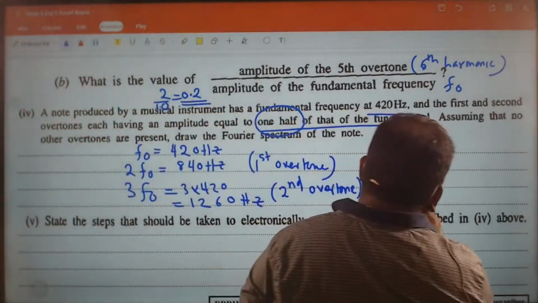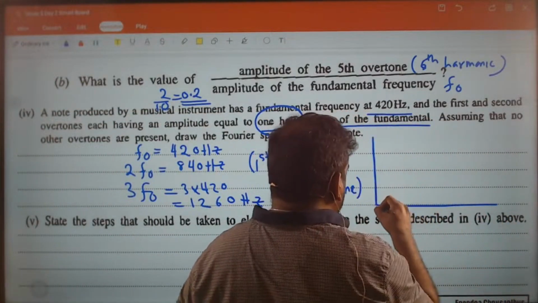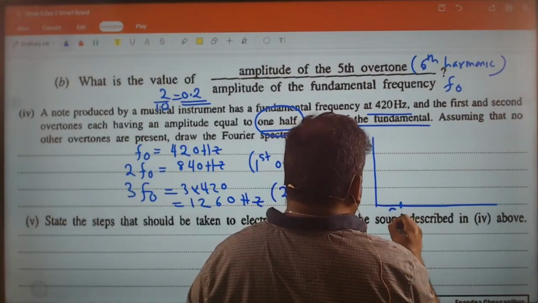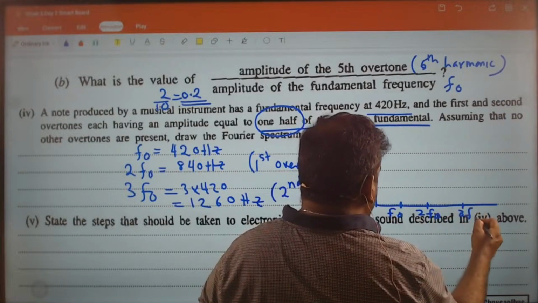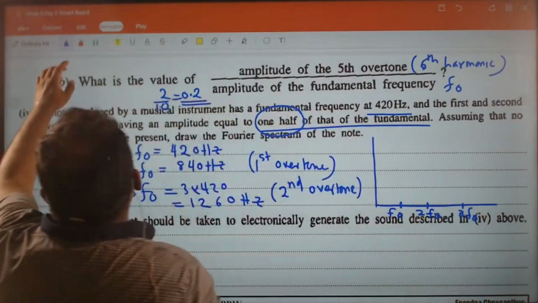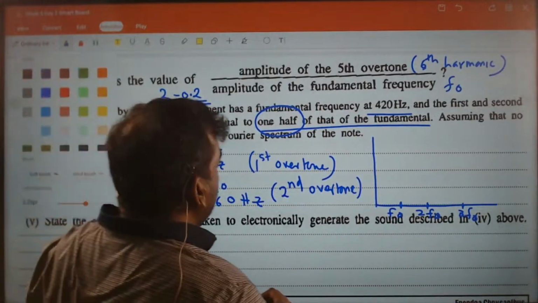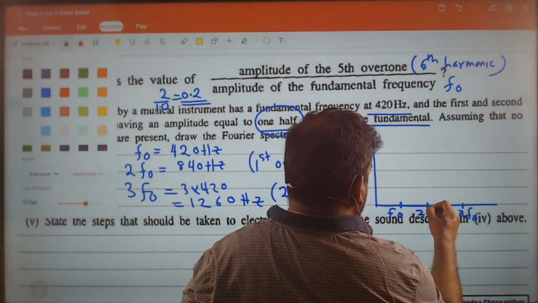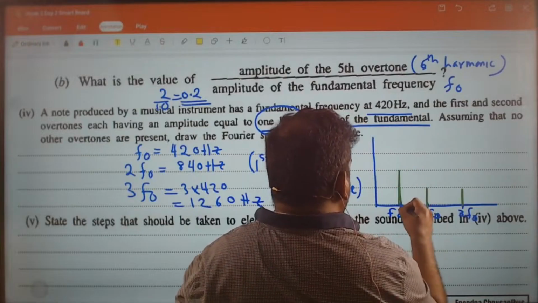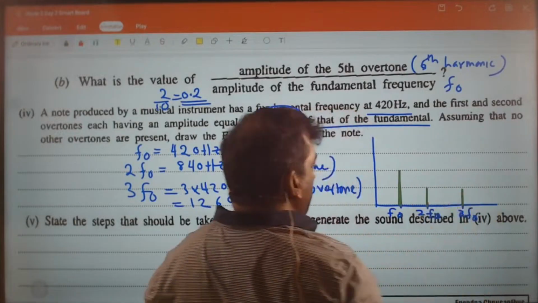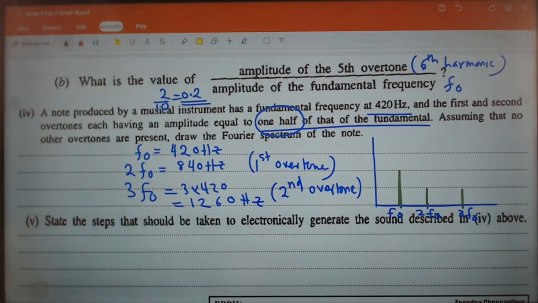If you take the spectrum analysis like this, fundamental frequency F0, 2F0, 3F0, carefully look. Here both are the same. This will be double, half. So actually it's not difficult.